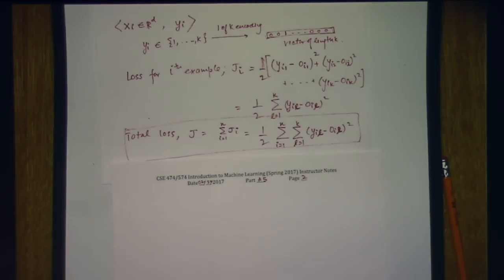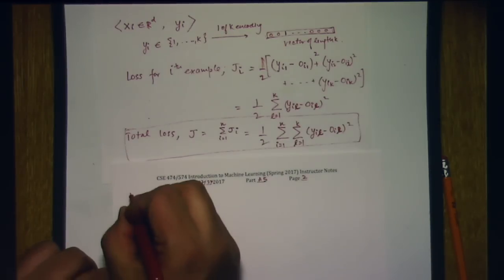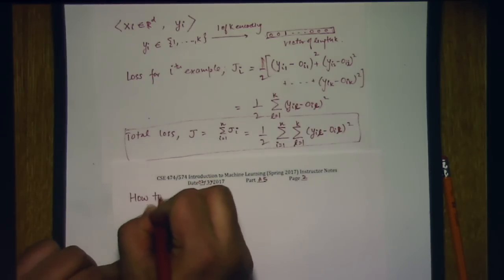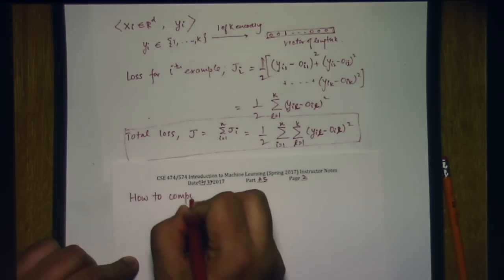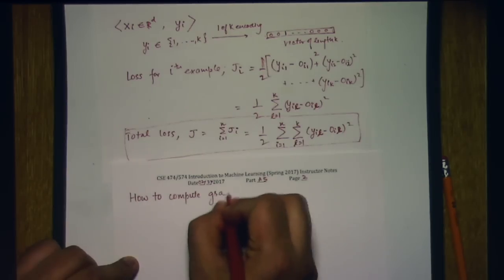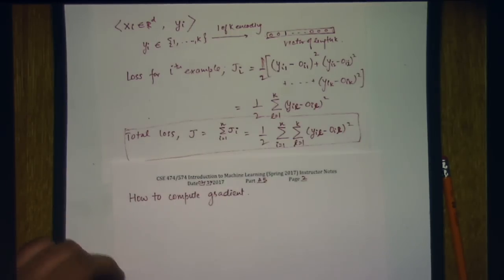All right, so now let's see how to compute the gradient. Okay, so this is the part where I'm going to make a quick simplification, just because I don't want to write too many subscripts.